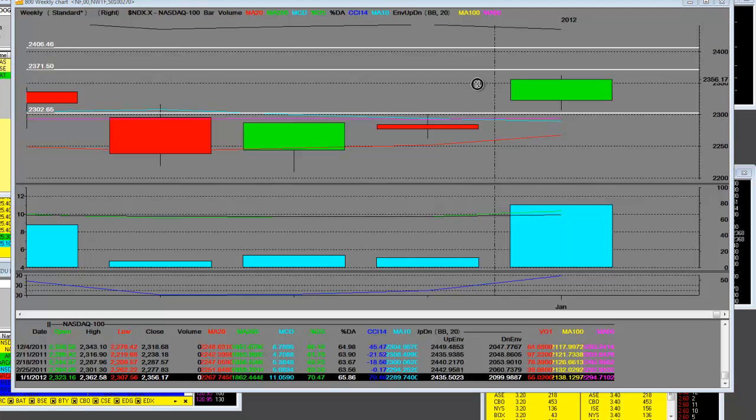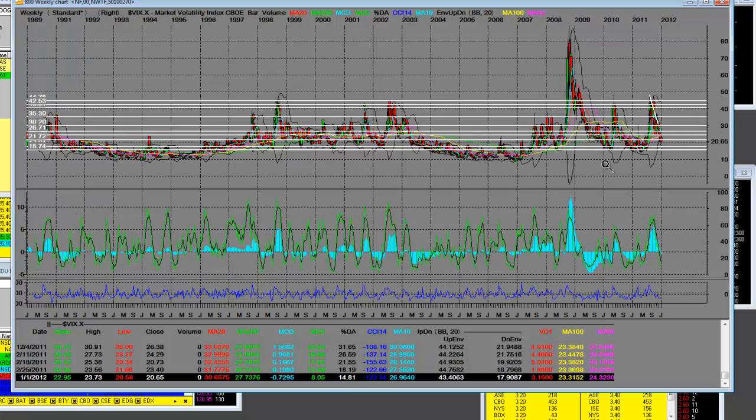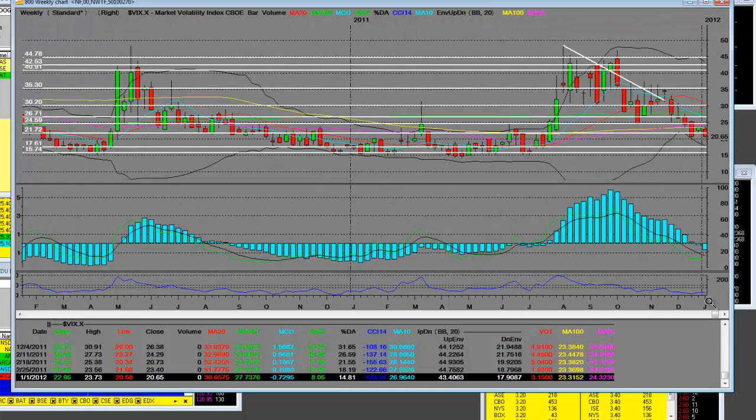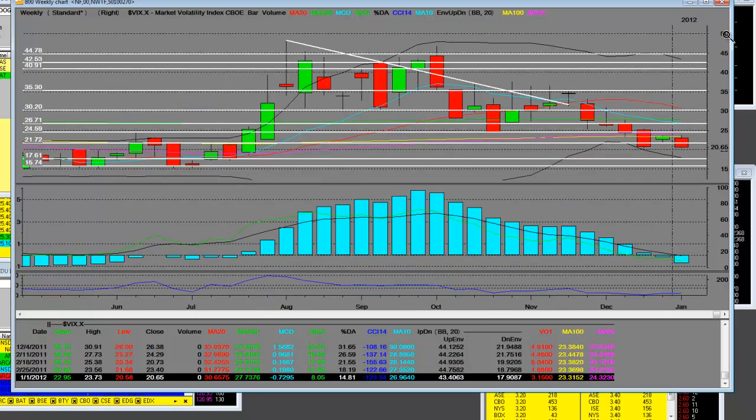And history shows that on the VIX on a weekly level, the lower this fear level goes here, that means that the bull side of the market's been working for 1, 2, 3, 4, 5, 6, 7 weeks. But a couple of these weeks were the holiday right here.